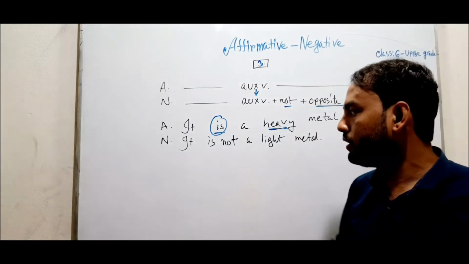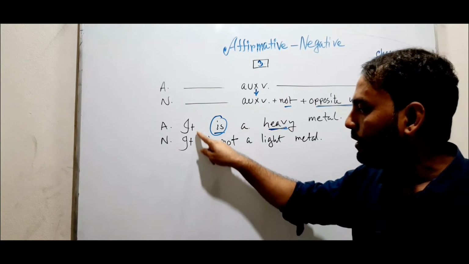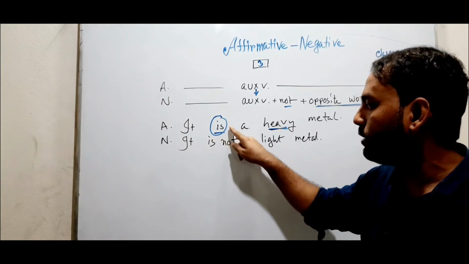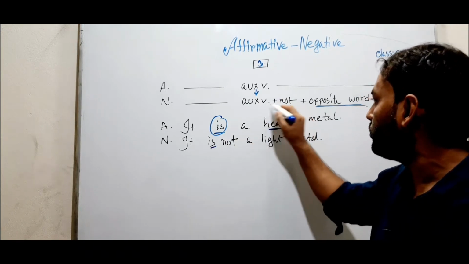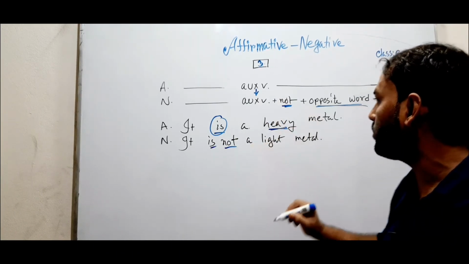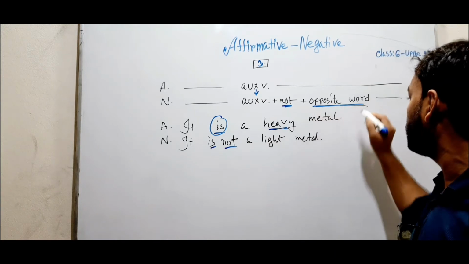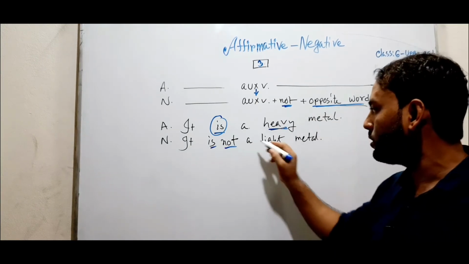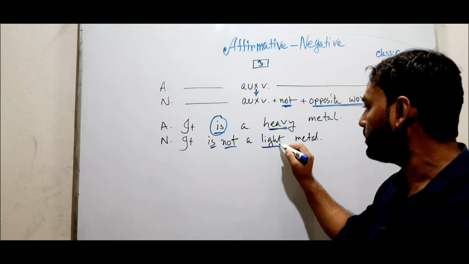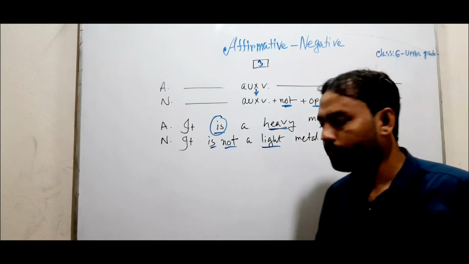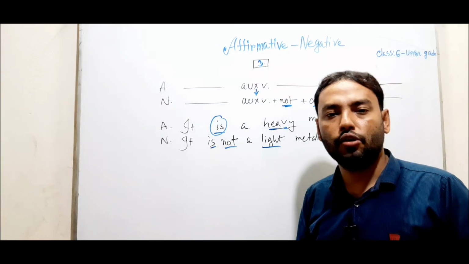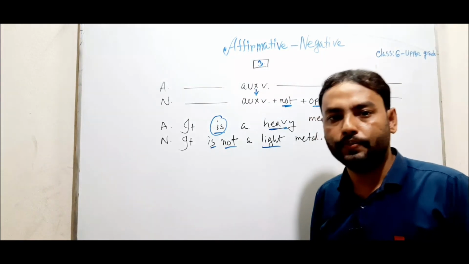Dear students, I have written it, the same it, and the auxiliary verb is, and then after that we write not. After that we need to write the opposite of the word, the opposite of heavy, which is light, and then the rest of the sentence. My dear students, I hope you have understood the third rule.